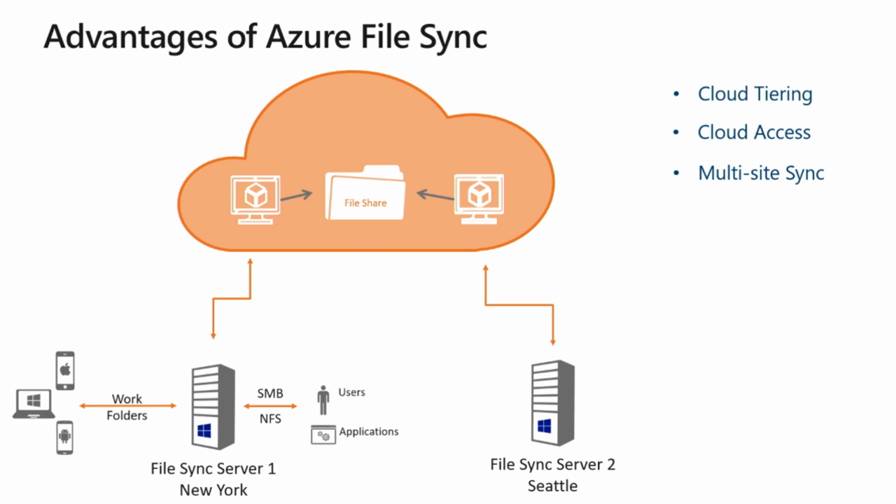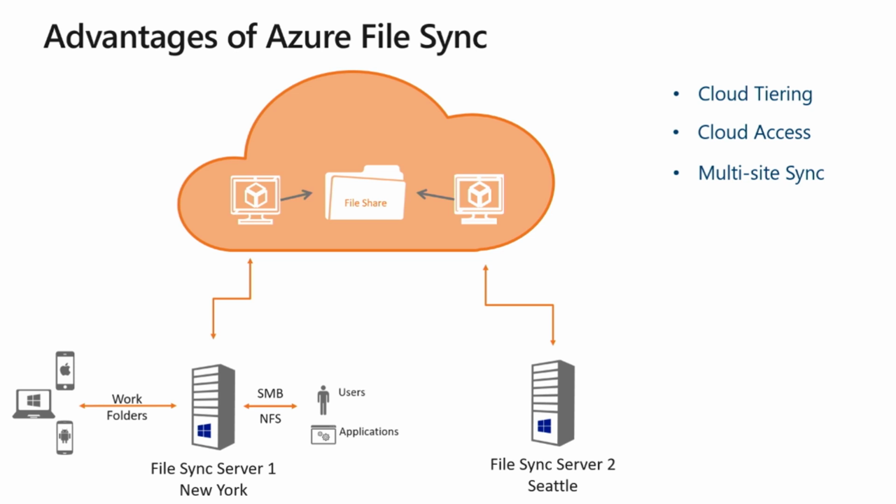The next advantage is you now have all your data centralized in a single store in the cloud, so your data can replicate to multiple sites. Imagine you now have a new branch office. You had started syncing Seattle, and now suddenly you have Orlando, which needs access to the same data.